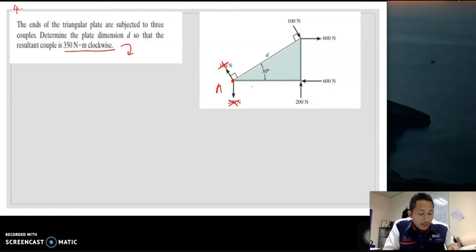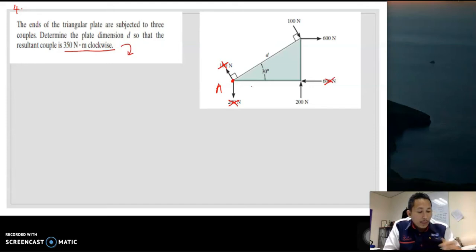So we cancel the 100 Newton and 200 Newton force, and also this one because it is acting on the line touching point A. So there are 3 forces that will be calculated in this question.